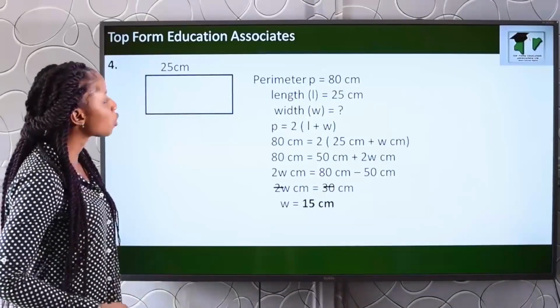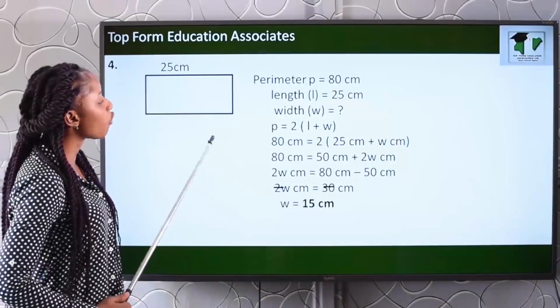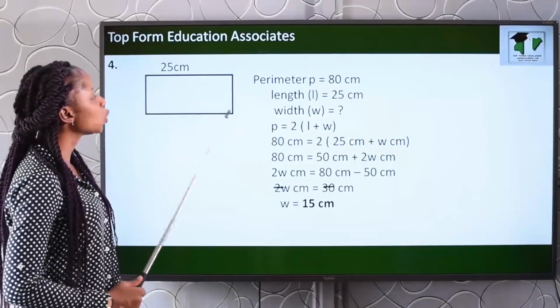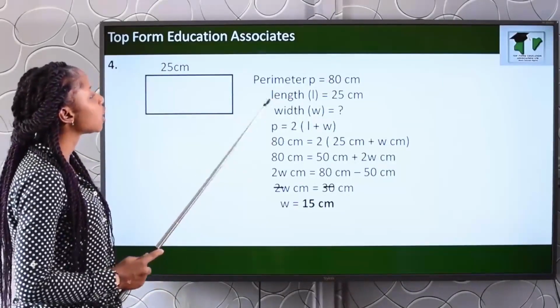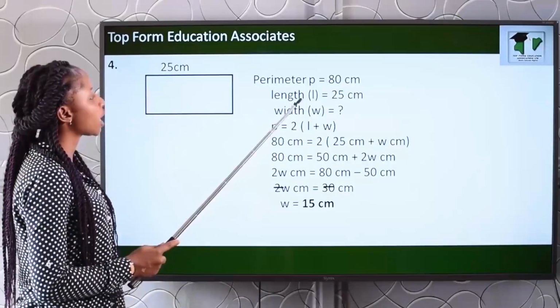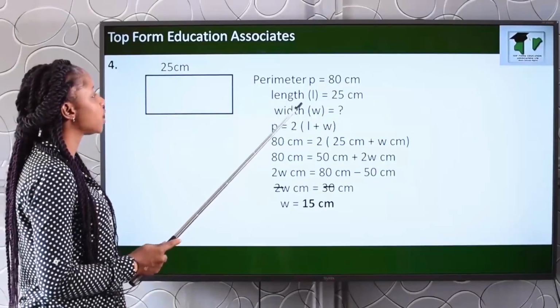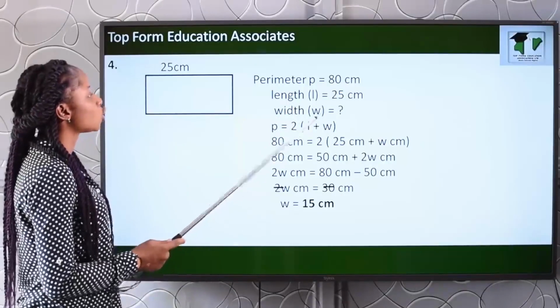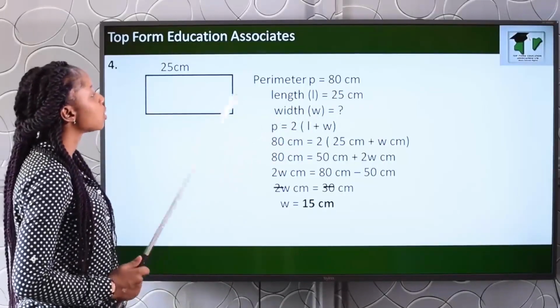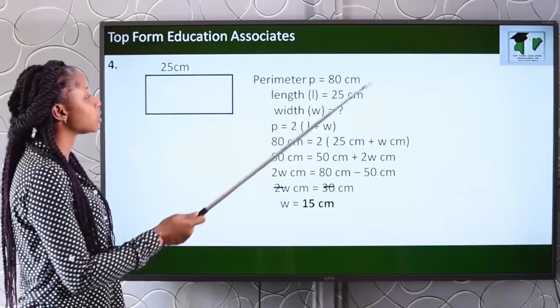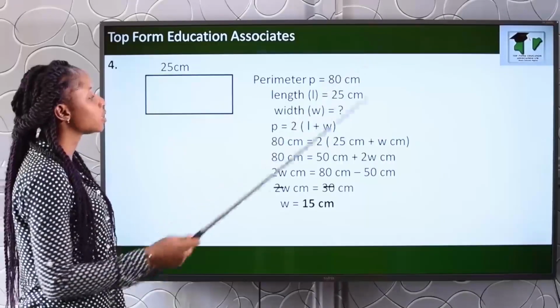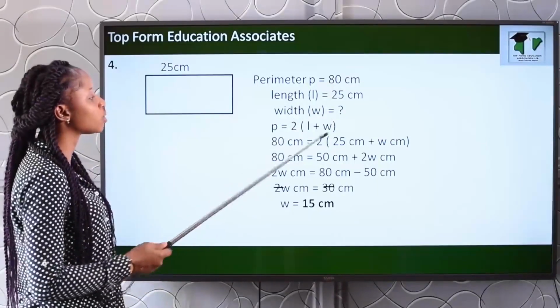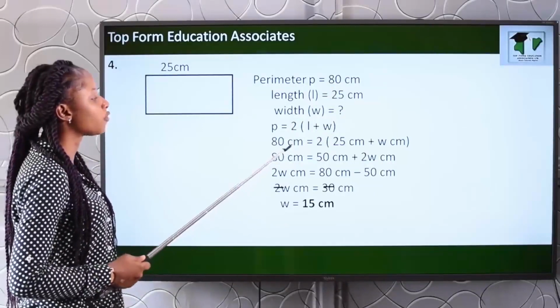Number four, we're asked to look for the width. We're given the perimeter and the length, but we were not given the width. The perimeter has been given as 80 centimeters and the length as 25 centimeters. Simply, we impute the values into the formula.